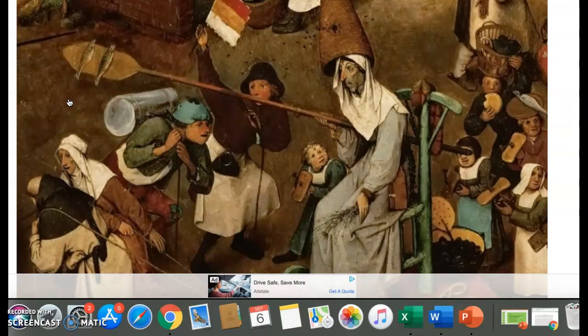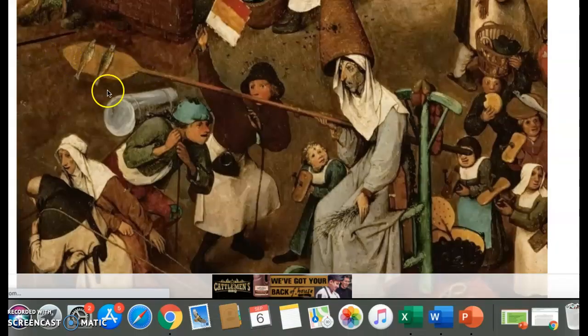And then in this close-up image, we see Brueghel depicting Lent, what he would call Lady Lent. Lent is being depicted as this gaunt, mournful woman who seems to be sickly and starving because during Lent, they do refrain from eating meat. That's why you can see here there is fish that's going to be cooked. And oftentimes they do fast during this time.